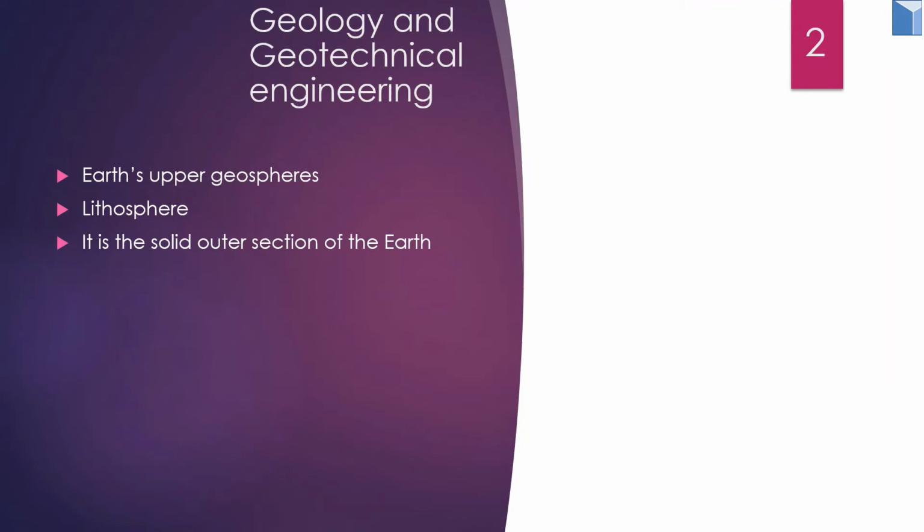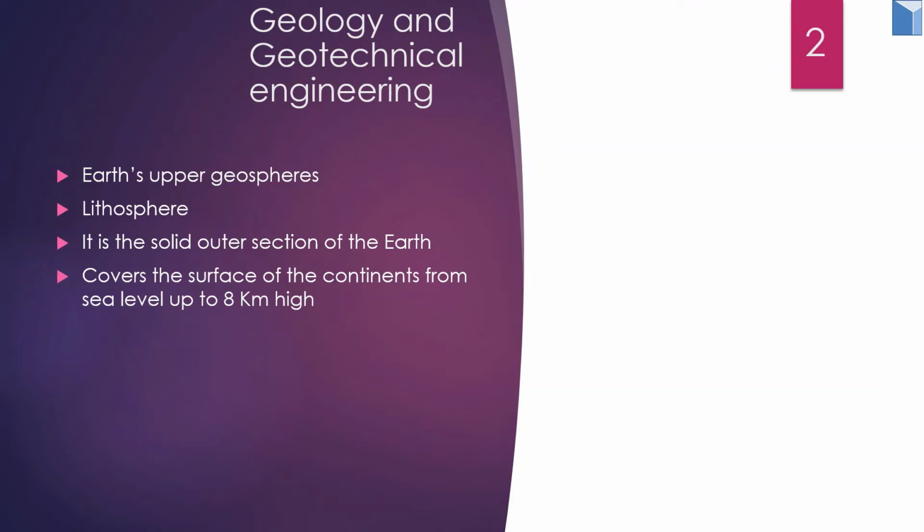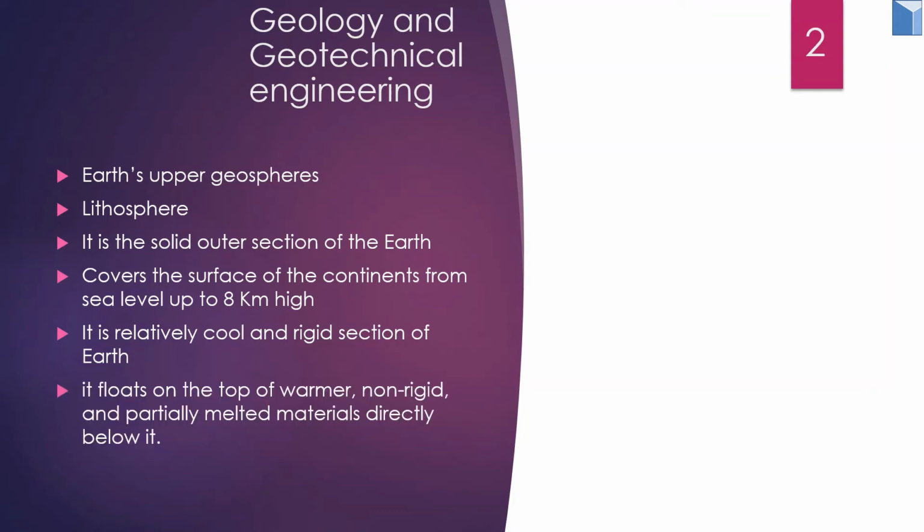So the lithosphere is the solid outer section of the Earth and covers the surface of the continents from sea level up to 8 kilometers high, which is represented by the Himalayas mountain chain. The lithosphere is a relatively cold and rigid section, the upper section of the continental crust.